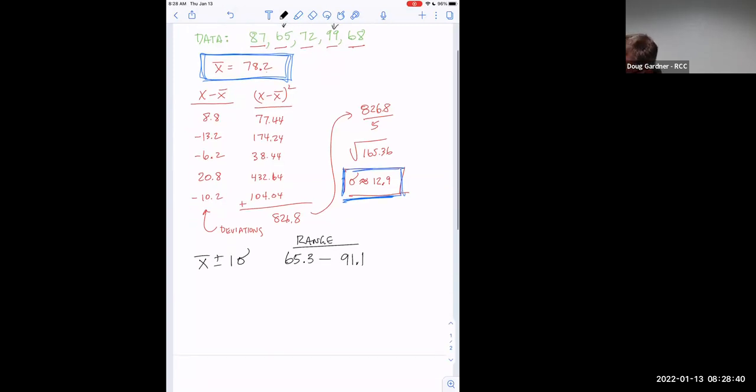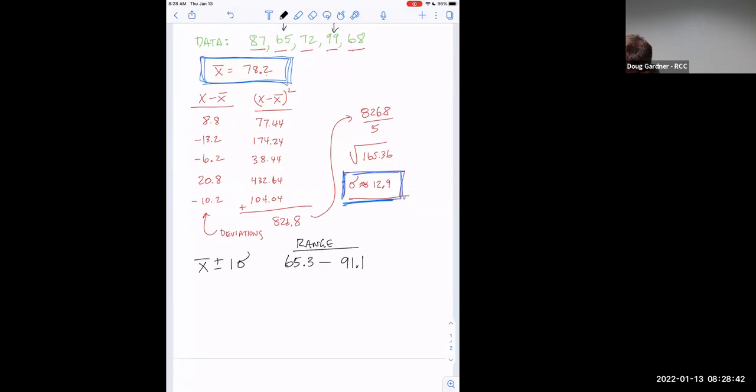As I mentioned yesterday, though, that doesn't capture everybody. So it's not weird to even go 2 standard deviations above and below. So now if I go back and say 78.2 plus 2 of those 12.9s. Again, do you see the formulas we've been doing lately? I mean, that's the formula.